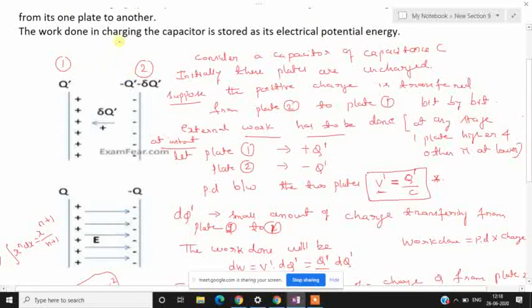Suppose you're taking plus dq dash; initially those two plates are not charged, they are neutral. When you're taking plus dq dash from plate 2 to plate 1, plate 2 will become negatively charged because it is leaving charge, and plate 1 becomes positive.